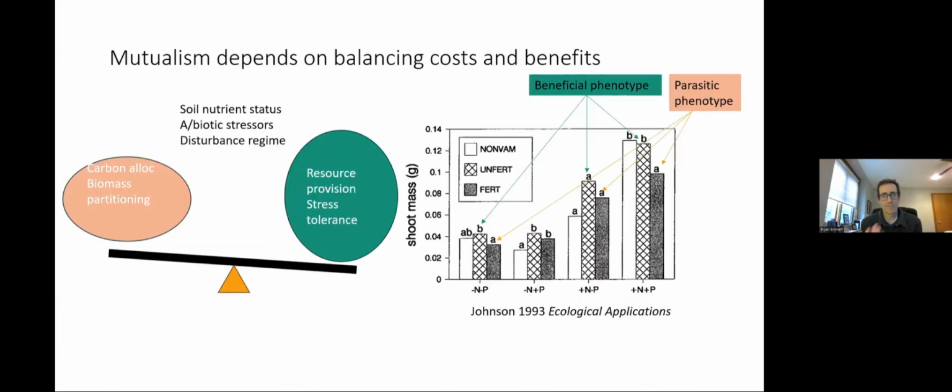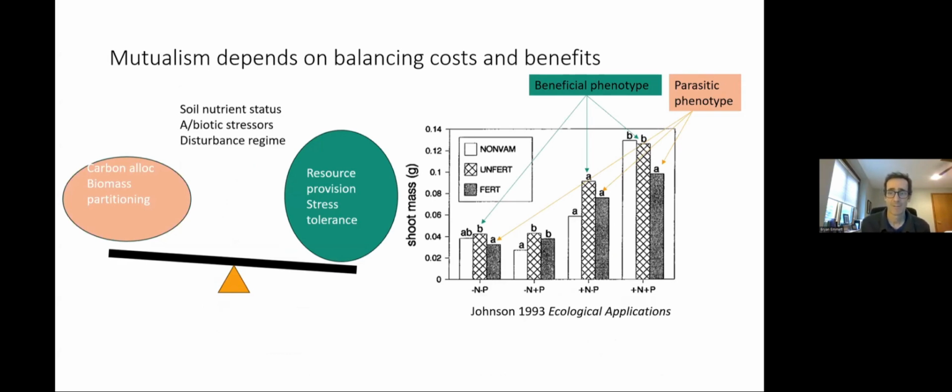So a symbiosis is two organisms that are living together. But for that symbiosis to be a mutualism, both partners have to benefit. And evolutionarily and ecologically, this is a balance, as really both of these organisms are trying to maximize their reproductive success.